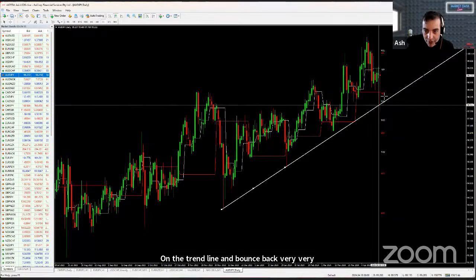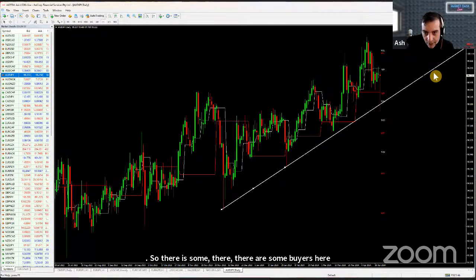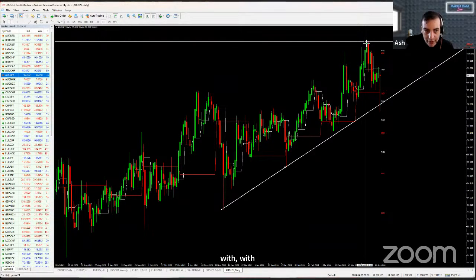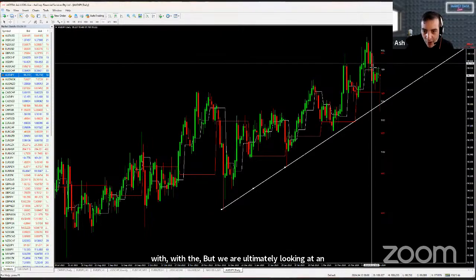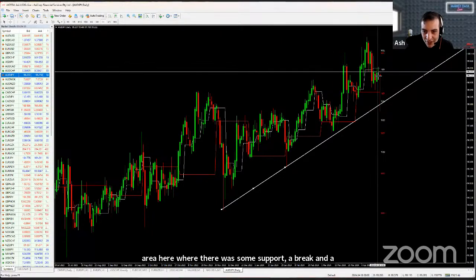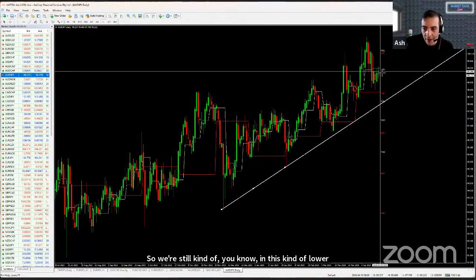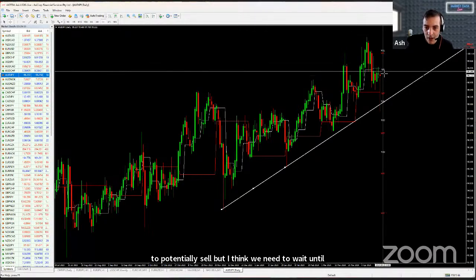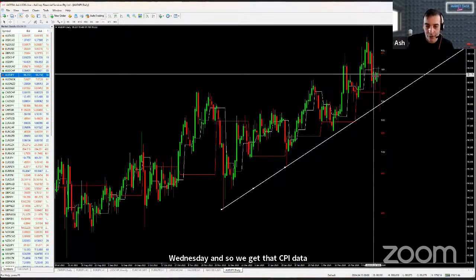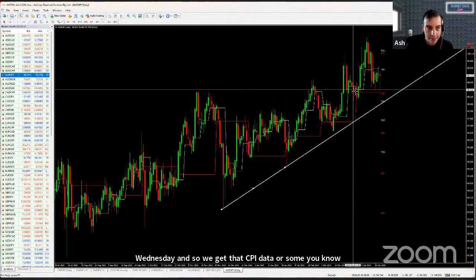So there are some buyers here with the Aussie yen, but we are ultimately looking at an area where there was some support, a break, and a lower high. So we're still in this lower high region, and that would be of interest to me to potentially sell. But I think we need to wait until Wednesday until we get that CPI data, or some further developments on global concerns, before we really look at this one.